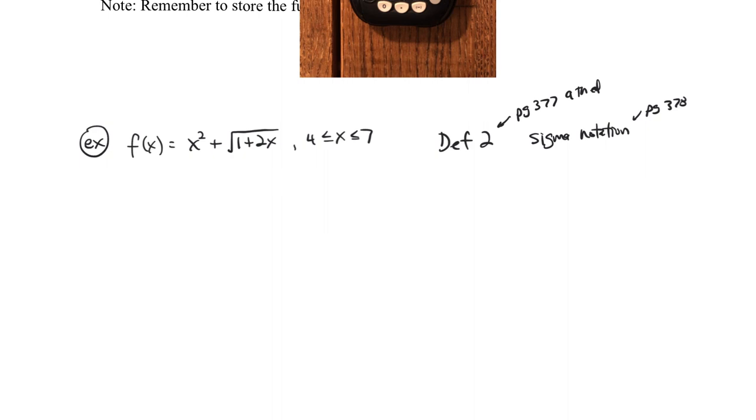All of this says is the area equals the limit as n approaches infinity of the summation from i equals 1 to n of f of x sub i delta x.